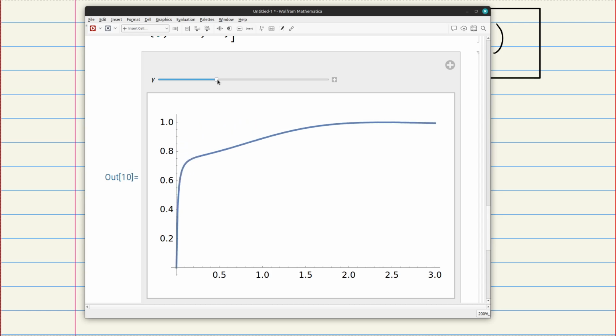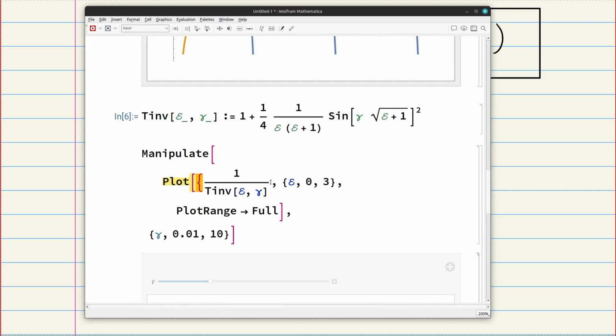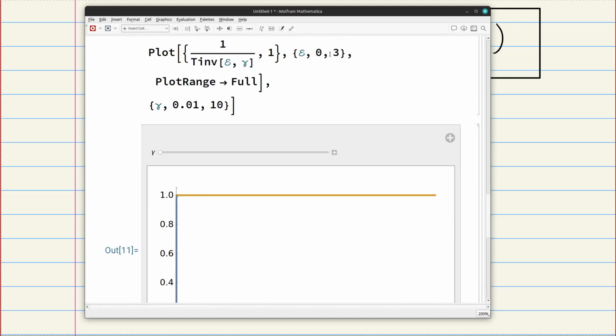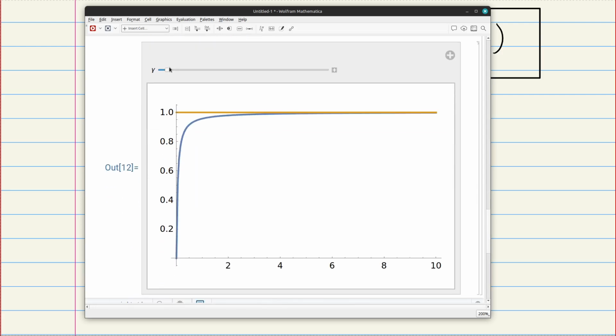And as you increase, you can see something is happening here, right? Here, energy is low, but I still have a perfect transmission. Actually, let me do this. Let's plot one where perfect transmission is there. Okay, and let me also increase the energy. Let's do this 10. I increase, and the blue line is converging to the orange line, and at some point something happens, right?